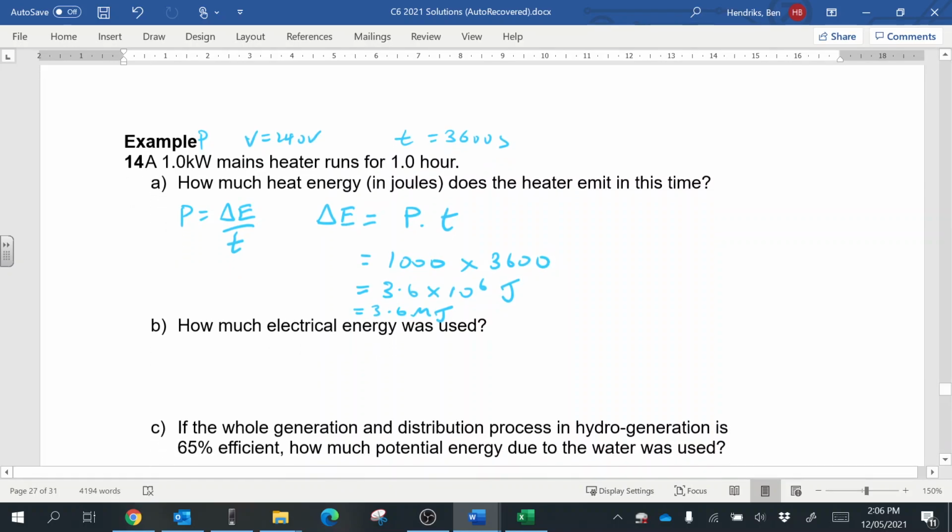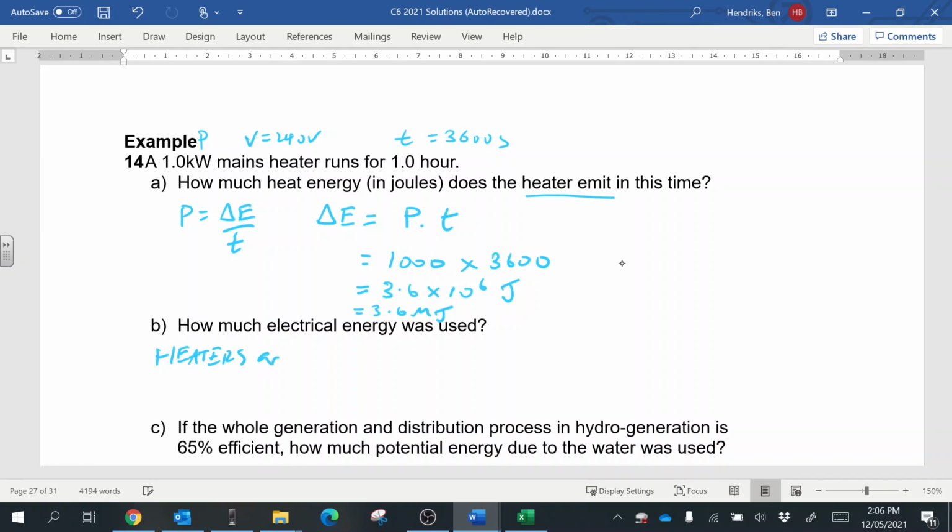How much electrical energy was used? So heaters emit heat, and as we saw with mechanical energy, often heat is a byproduct, something we don't want, but obviously when we want to heat something up, heat is what we do want. So it means that heaters are 100% efficient.